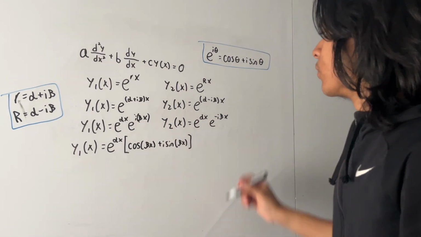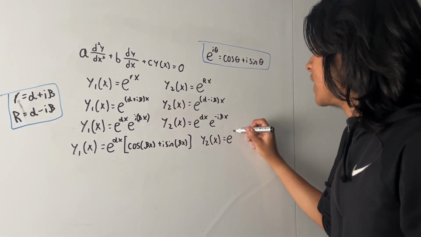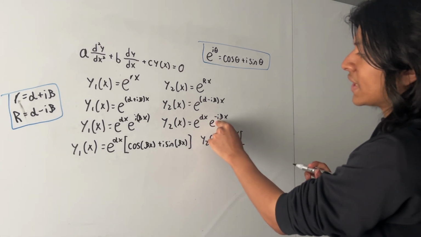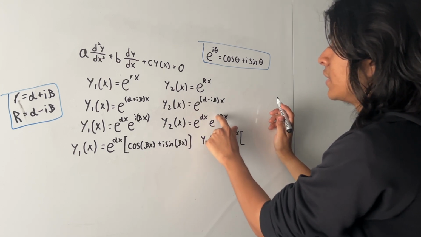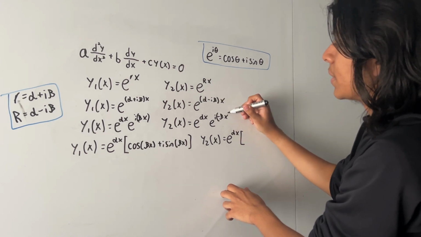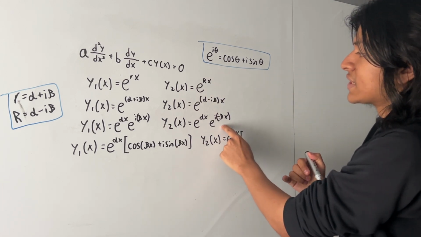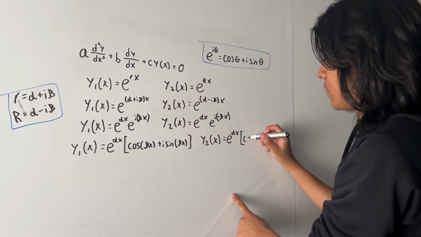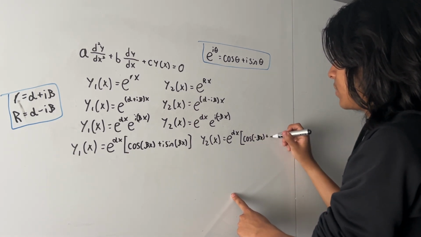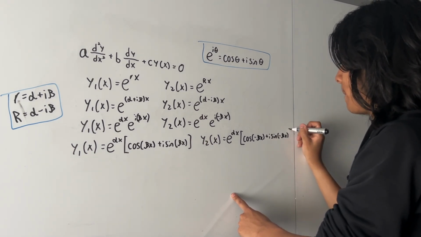Same thing we could do for y2. We would have e to the alpha x times, and in this case, just to make it clearer, I'm going to move the negative and put it in front of the beta, with parentheses. So now our theta is going to be negative beta x. So we have cosine of negative beta x plus i sine of negative beta x.